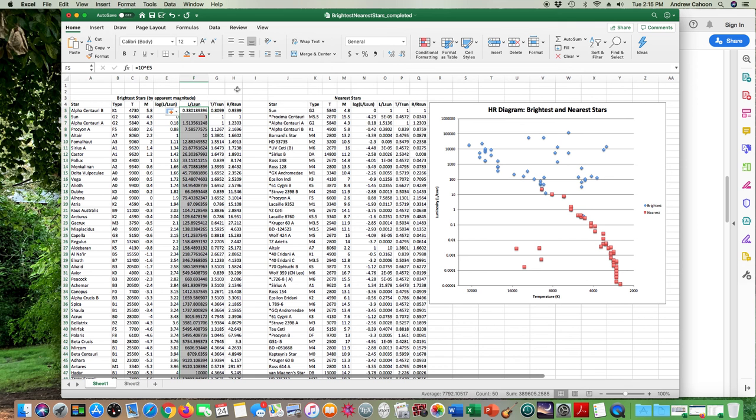Now when you transfer over to the nearest stars, you do have to change the formula a little bit, and hopefully you can see what it's doing. This is taking the number in cell E5 and raising it into the exponent of 10.